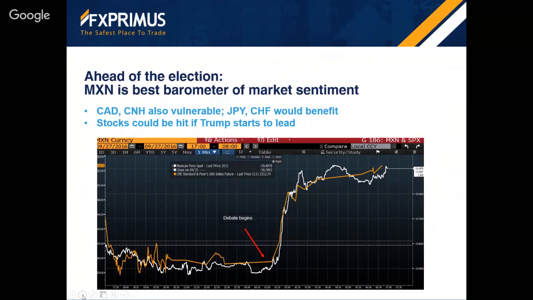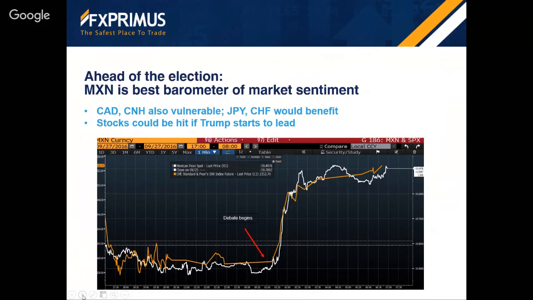They start talking, and half an hour into the talk it's clear that Clinton is doing better than Trump. The Mexican peso and the stock market take off, because there's a sort of risk premium in there if there's a possibility of Trump getting in, and that's being lifted.